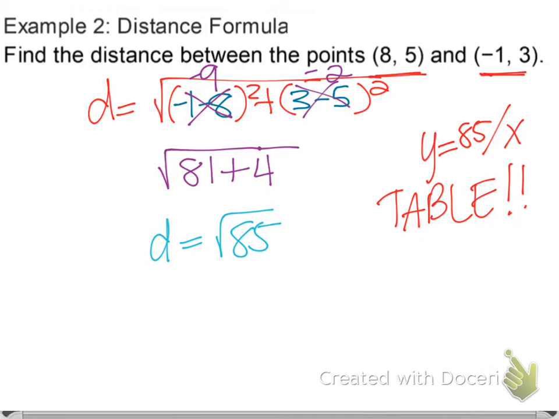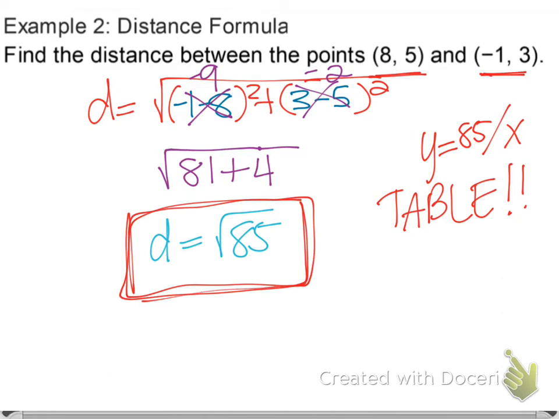You would see with this number that it'd be a lot of decimals, and we definitely don't want the decimals. I think the only things that went into it were 17 and 5, and neither one of those is a perfect square. So this is your answer. We would definitely want to leave it that way. You do not want to put it as a decimal. That would not be okay.